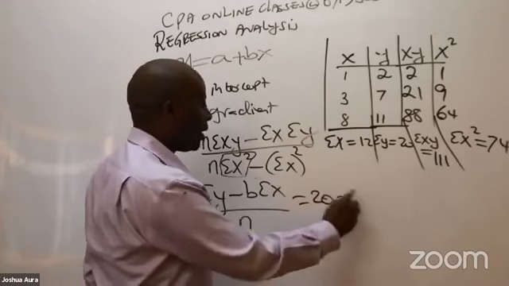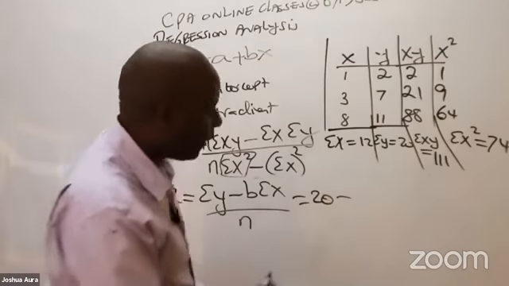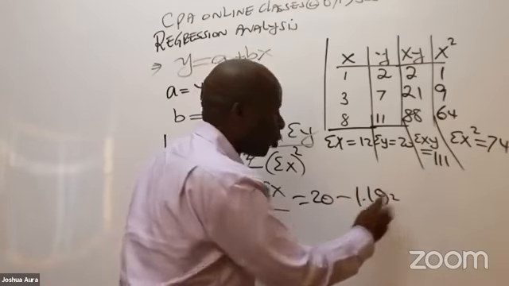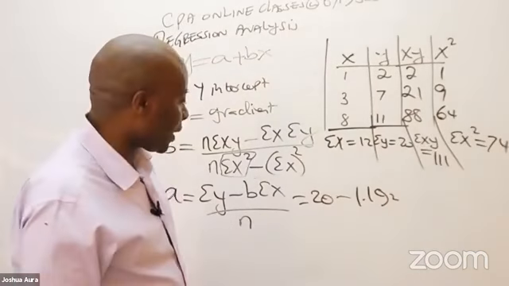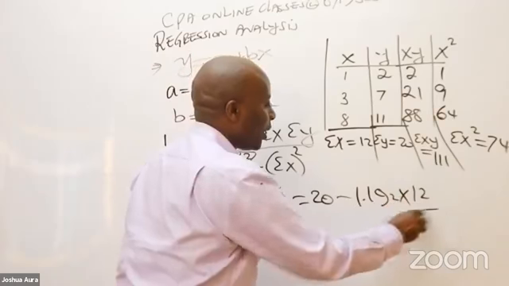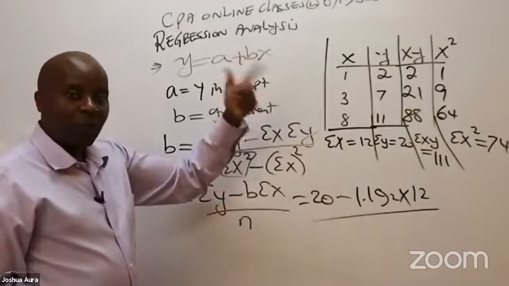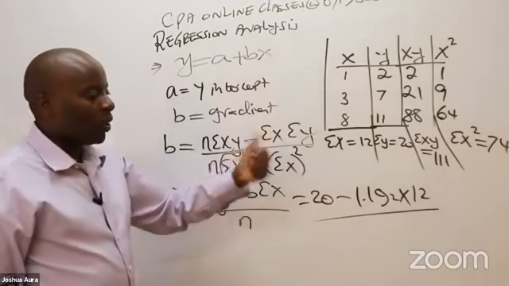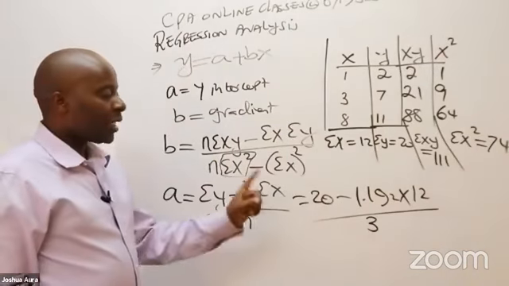This is 20 minus B, which we have just obtained as 1.192, times summations of X, which is 12, all over our number of points, which we defined earlier as 3.